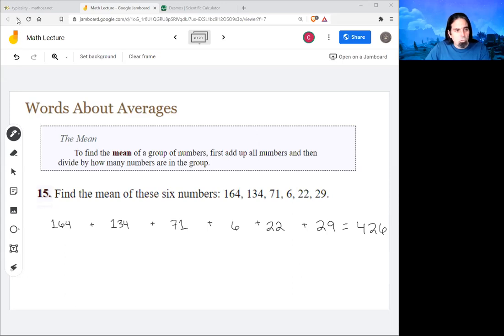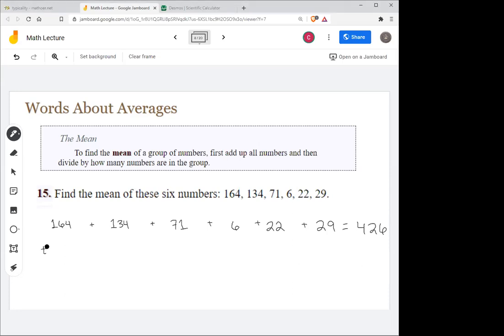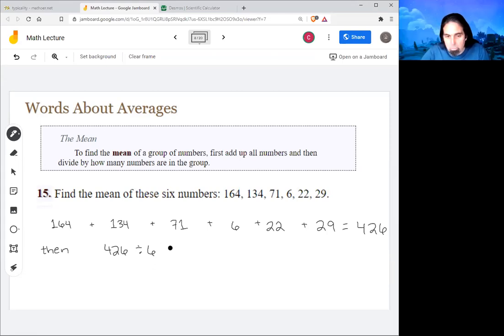That's not our answer though. What else do we need to do? Divide by 6. Yeah. Oh, I get 71. Ooh, that's one of them.